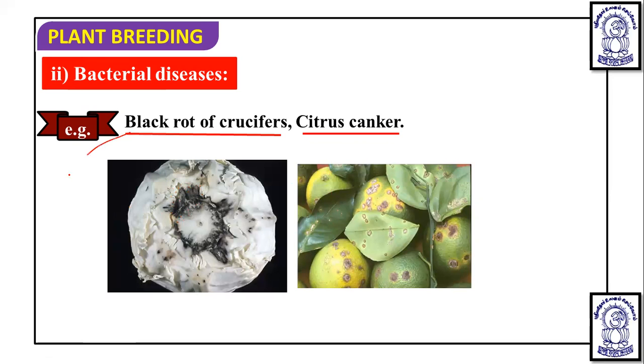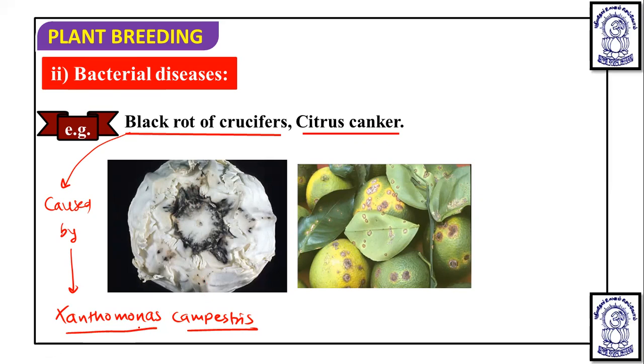The black rot of crucifers is caused by Xanthomonas campestris, and the citrus canker is caused by Xanthomonas citri.